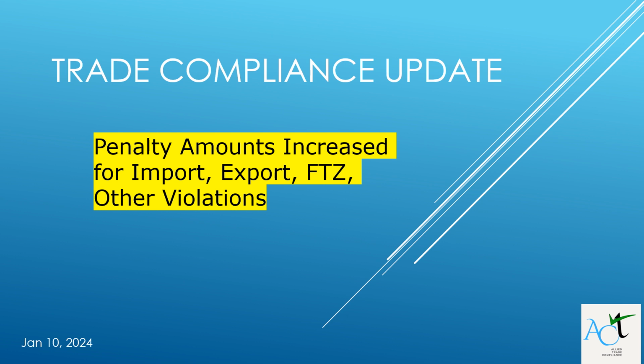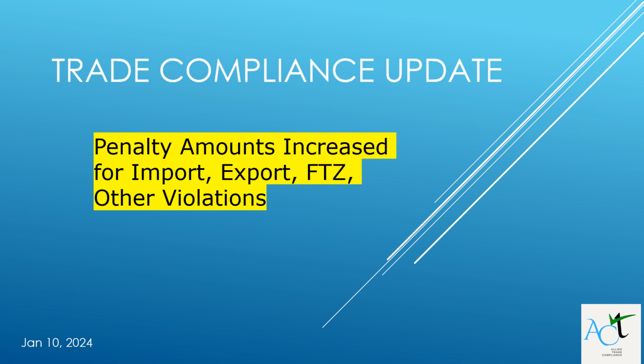The Department of Commerce has said that the actual penalty assessed for a particular violation will depend on a variety of factors, including violations of the International Emergency Economic Powers Act, which is U.S. Code 50, Section 1705B.